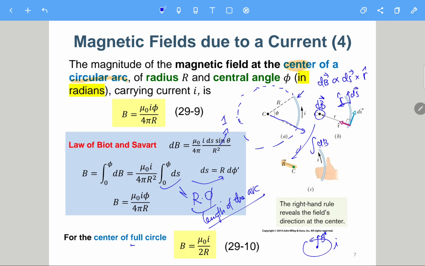Now for a full circle, phi equals 2 pi, which means 360 degrees. So we cancel half of the 4 pi, and we have 2R here and still mu 0 I on the top. So the magnetic field at the center of a loop will be mu 0 I over 2R. Any questions?